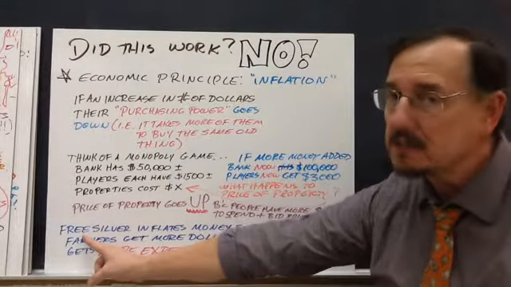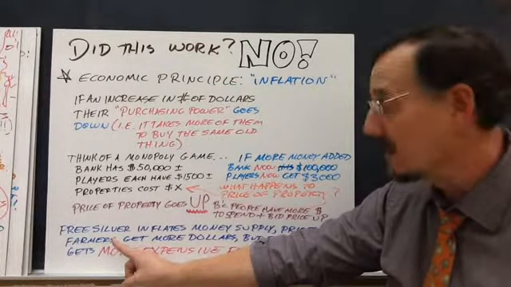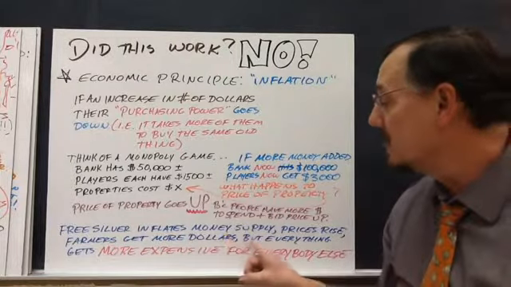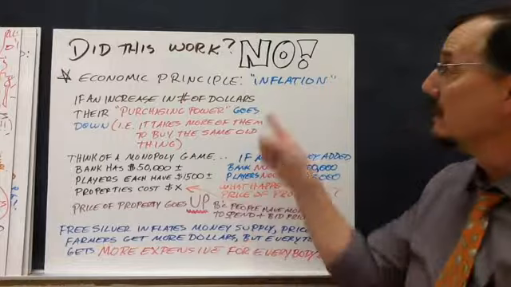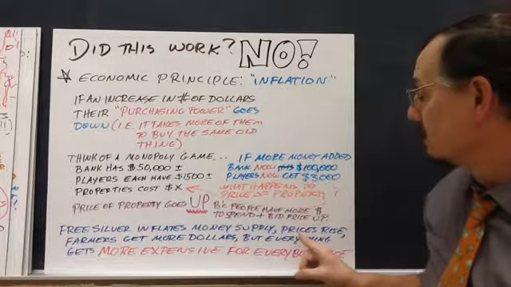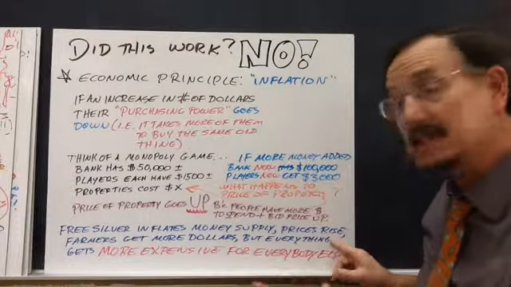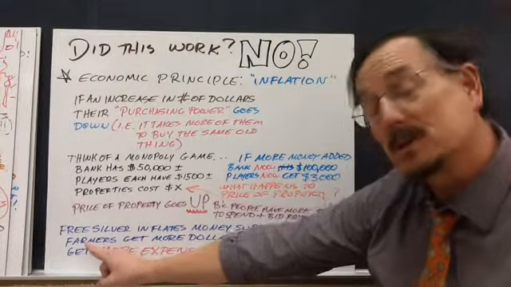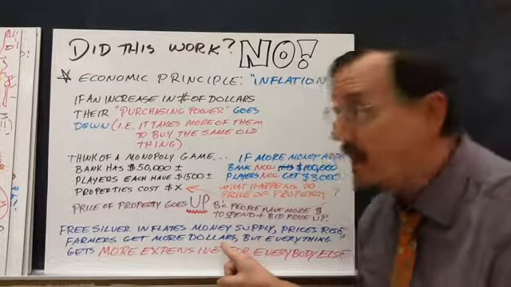See? Now let's bring this back to the farmers. Free silver, Bryant's idea, would have inflated the money supply. If the money supply is inflated, economic principle, then prices rise. Okay, prices rise. That's not a bad idea because now, because the prices are going up, the farmers actually get more dollars, don't they?